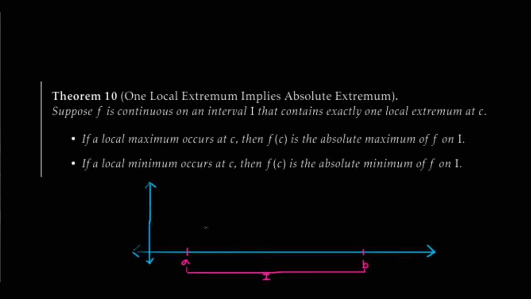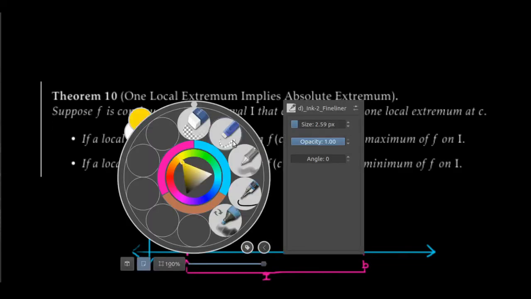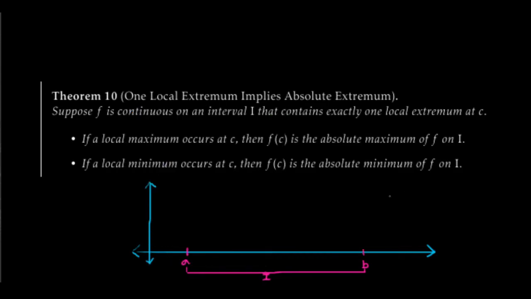Okay, so maybe we've got some kind of a function. I'm gonna sketch a quick graph here. It doesn't really matter. I'm just gonna do one for the purposes of this example. Okay, there's my function. There's the graph y equals f of x for some function f.